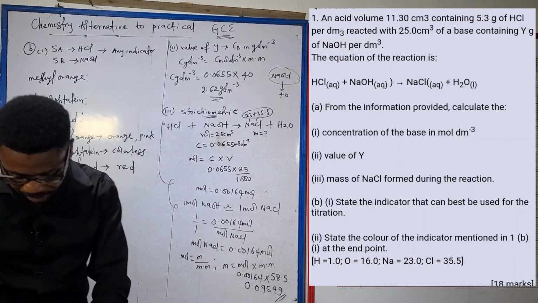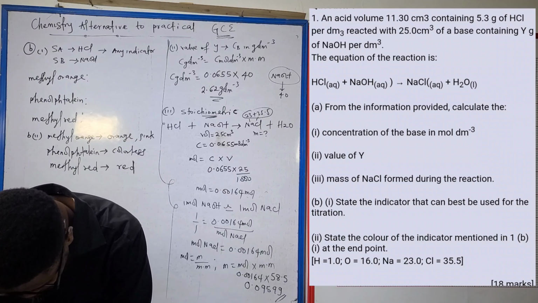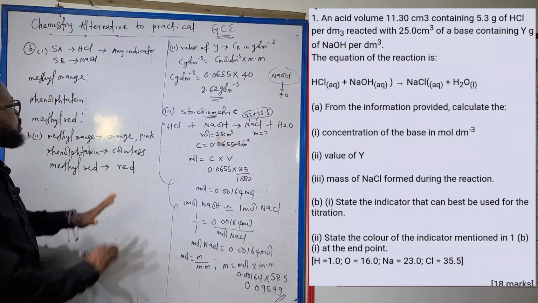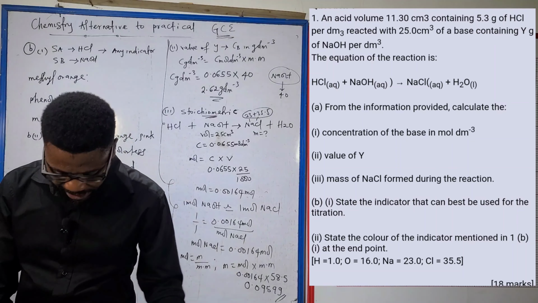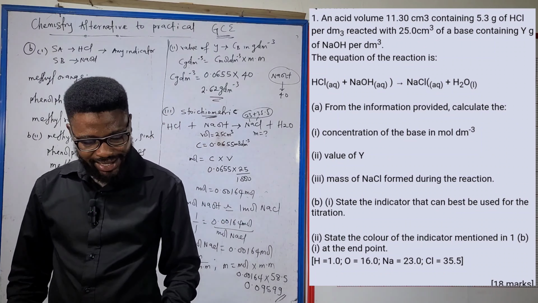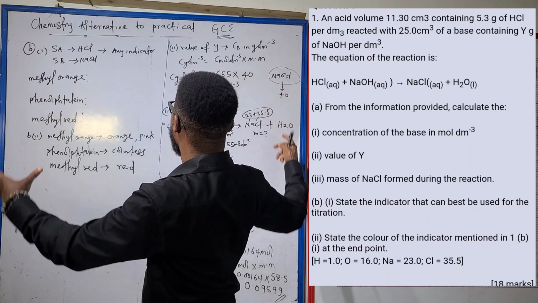So that ends B1 and B2, and that ends all of these for 18 marks or 20 marks thereabouts. It is not every time that we have a titration that we must have a table.